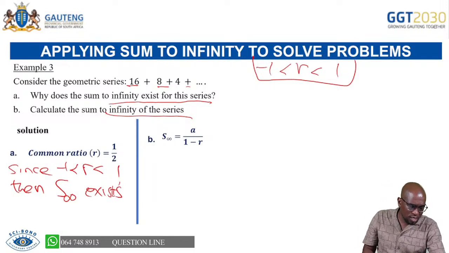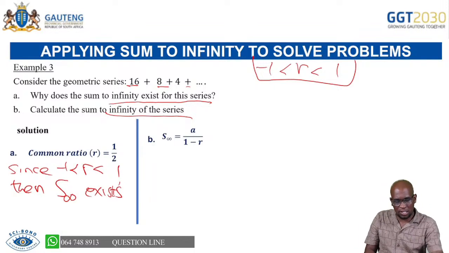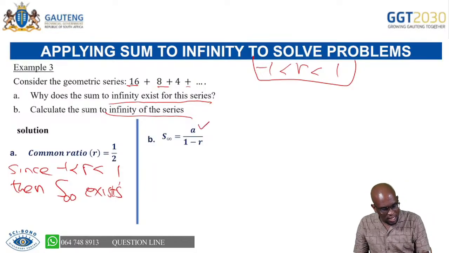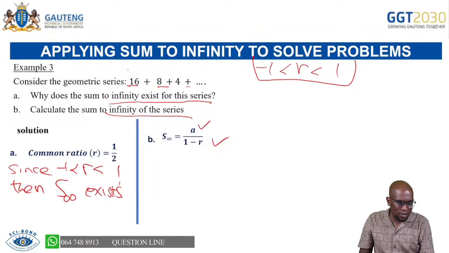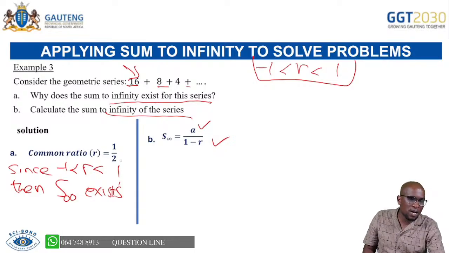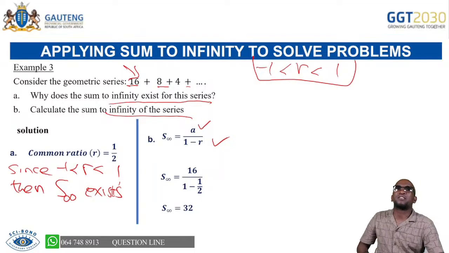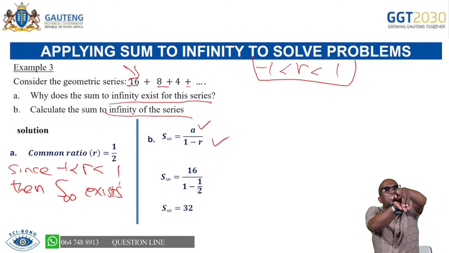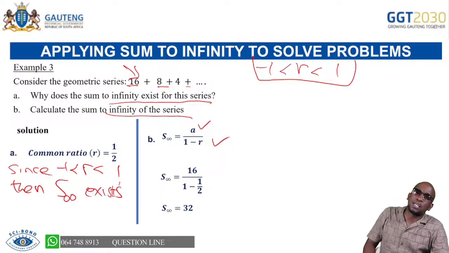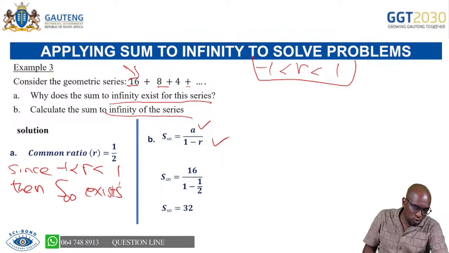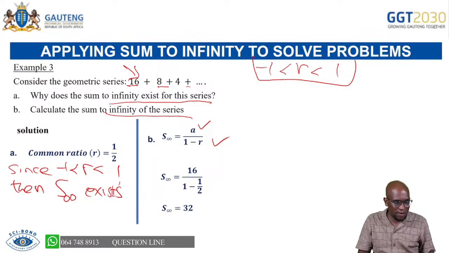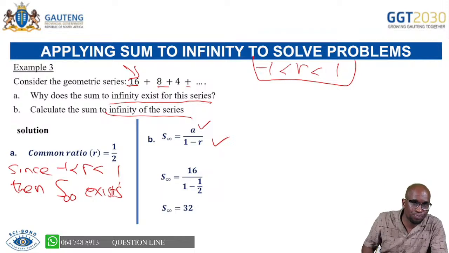Then the second one says calculate the sum to infinity. Now we need A, we need R. We already have A is 16, we have R is a half. We've calculated it. So if we substitute there, we get that the sum to infinity is 32. So the series converges to 32.